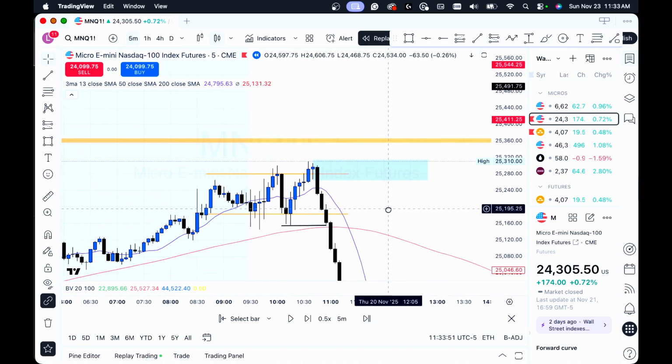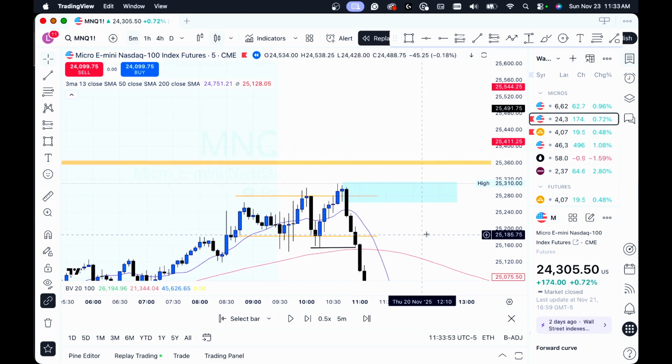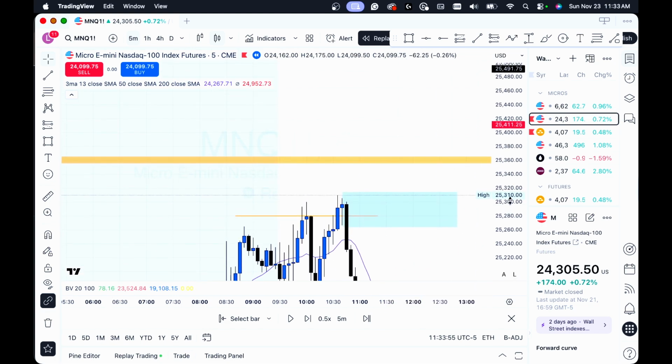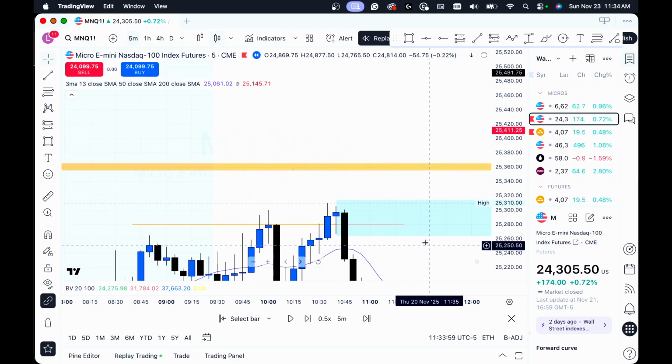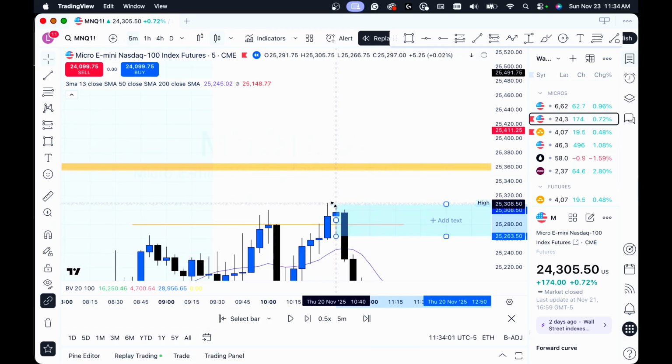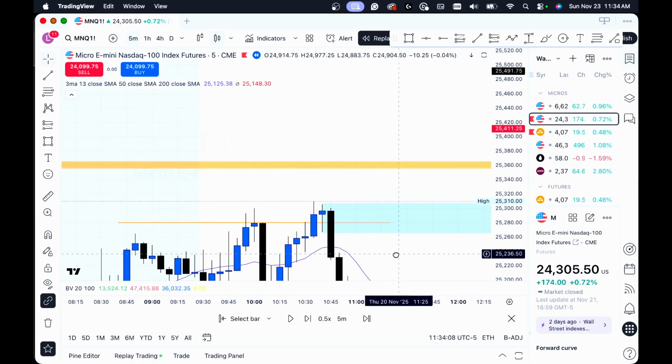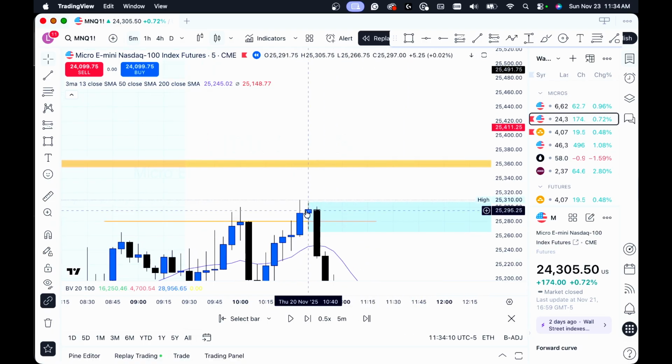And I almost forgot, how I draw my supply zones is from wick to wick of the previous candle. Right here. I go by the previous candle.